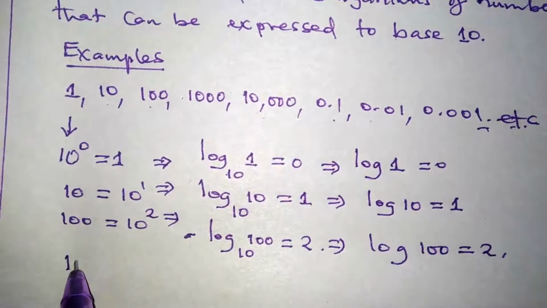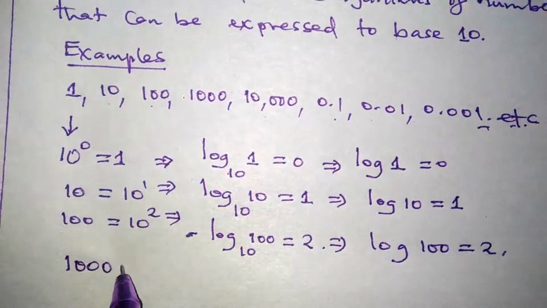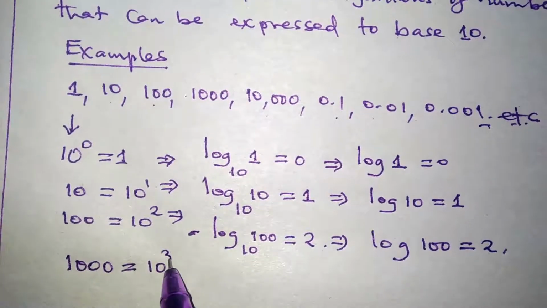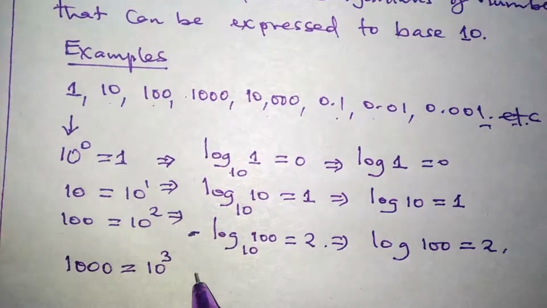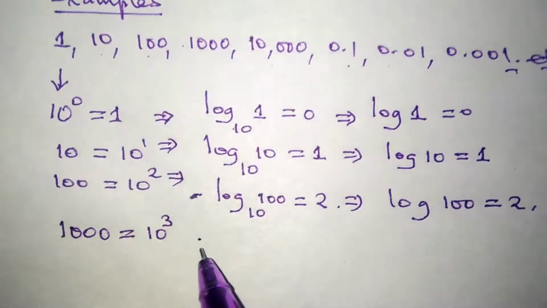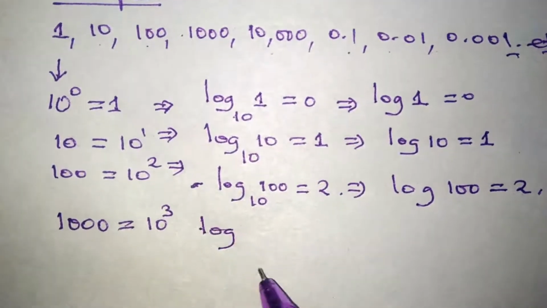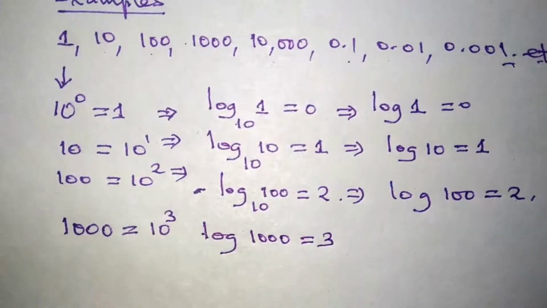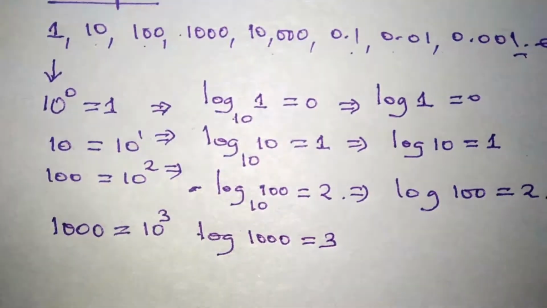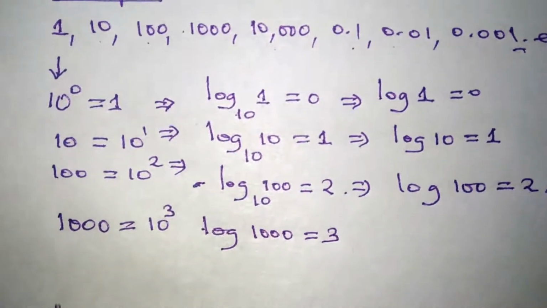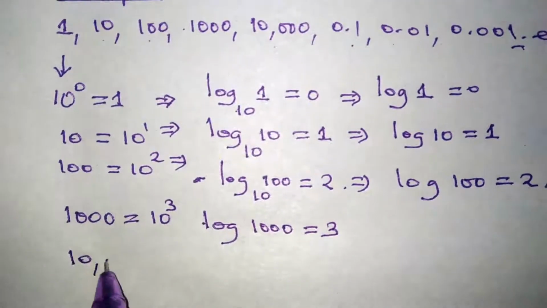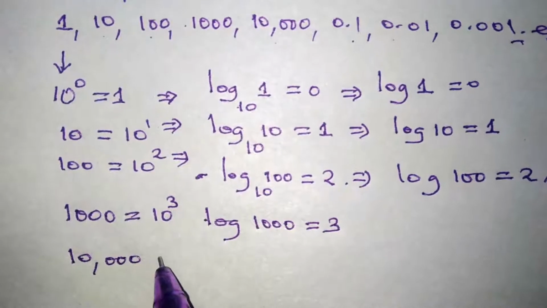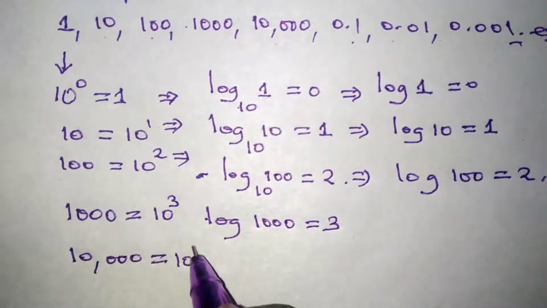For 1000, we are going to say this is 10 raised to power 3, which can be written now, dropping the base, log of 1000 is equal to 3, or rather 3 is equal to the log of 1000. Likewise, for 10,000, we have this as 10 raised to power 4.